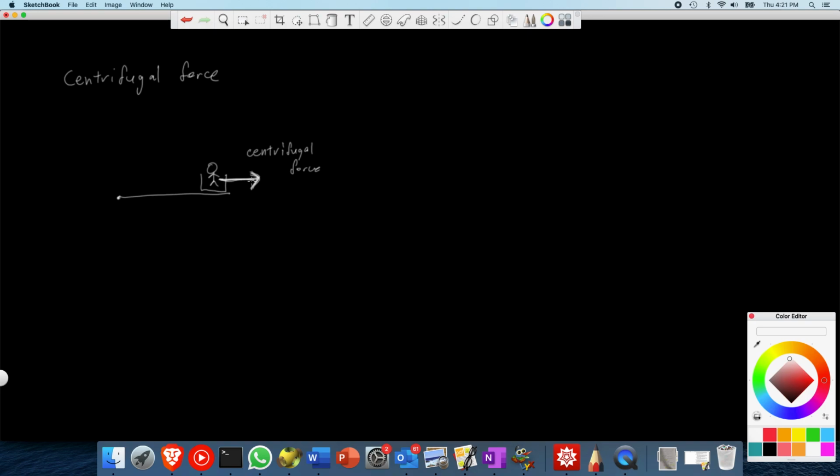So now back to the story, you're on a carousel, and when the carousel is rotating, you feel there's some mysterious force that pushes you away from the center of rotation. Now the natural question is then to ask, where does this force, where does the centrifugal force come from?